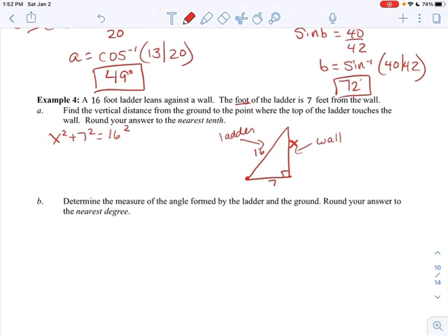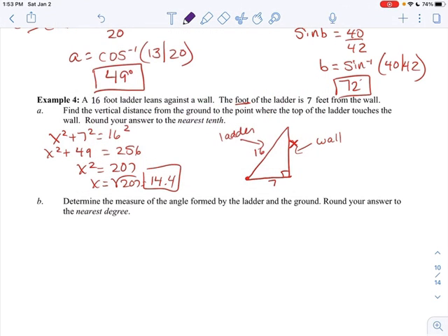So Pythagorean theorem, remember, is used to find the missing side of a right triangle. 7 squared is 49. 16 squared is 256. So I'm going to subtract 49, and I get 207. And then I take the square root of 207, which is 14.4. So that's the height of the wall, or at least to where the ladder touches.